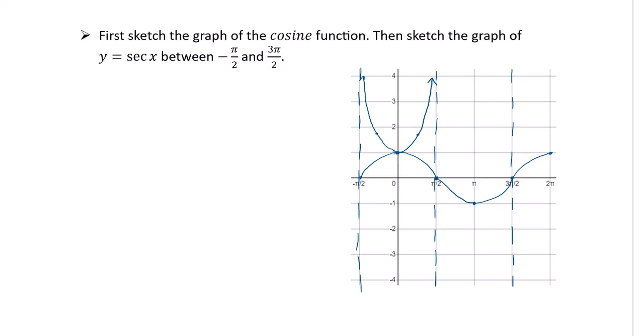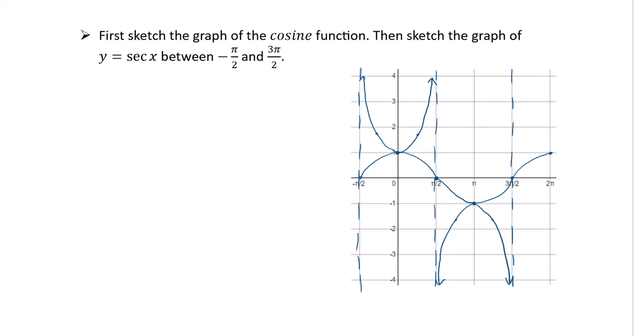And now over here, when I'm at pi, my secant value is also at negative 1. At 3 pi over 4, I'm at a negative square root 2, so about right here. And at 5 pi over 4, I'm at a negative square root 2, about here. And again, my graph is getting pulled towards those vertical asymptotes, like so.